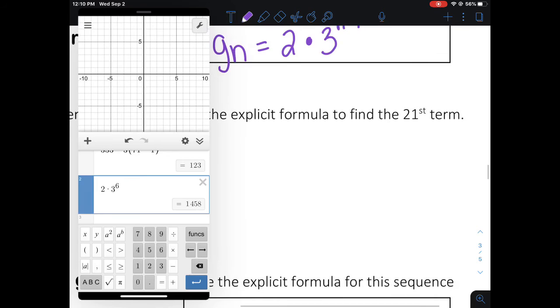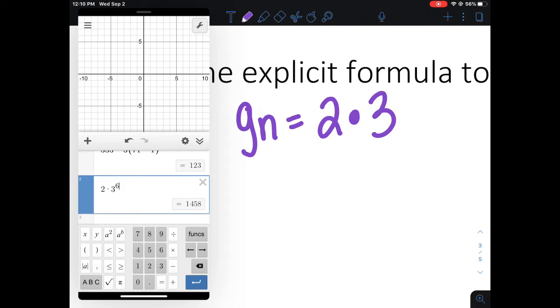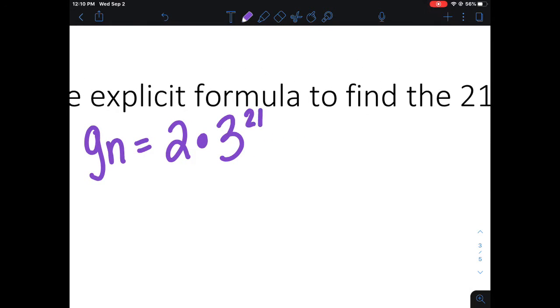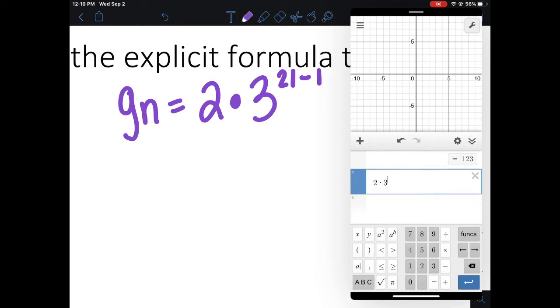Now let's use that explicit formula to find the 21st term. So G sub n equals 2 times 3 to the 21 minus 1 power. Again, I'm going to use Desmos because that's a big number. Now notice I already have 2 times 3 to the power 6. I'm just going to erase that 6 and type in 21 minus 1 is 20.